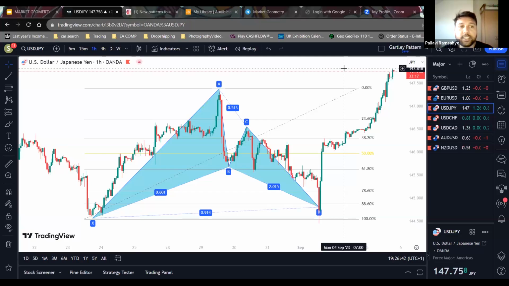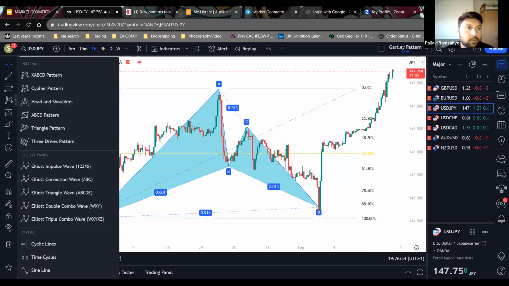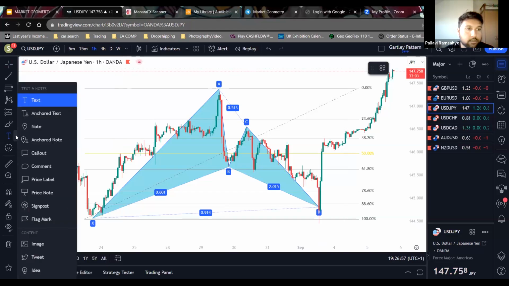So the other percentage is 38.2%, okay? So these two zones here. I'm actually going to draw up the zone to make it a bit easier for everyone. So let's have a look.